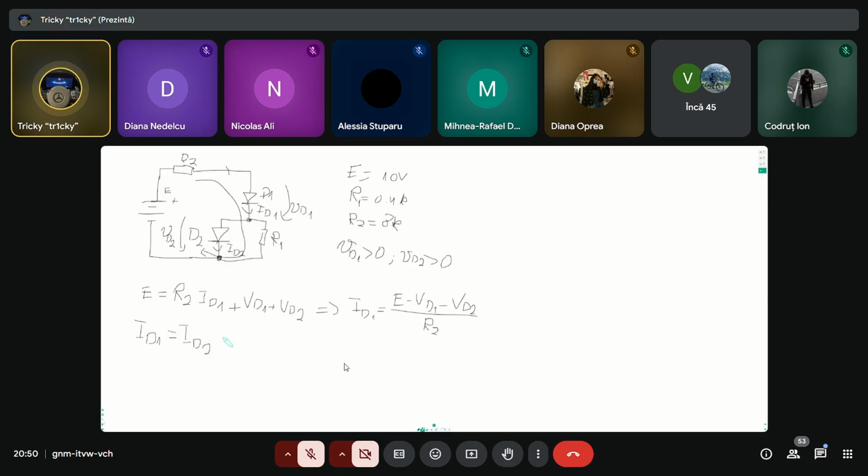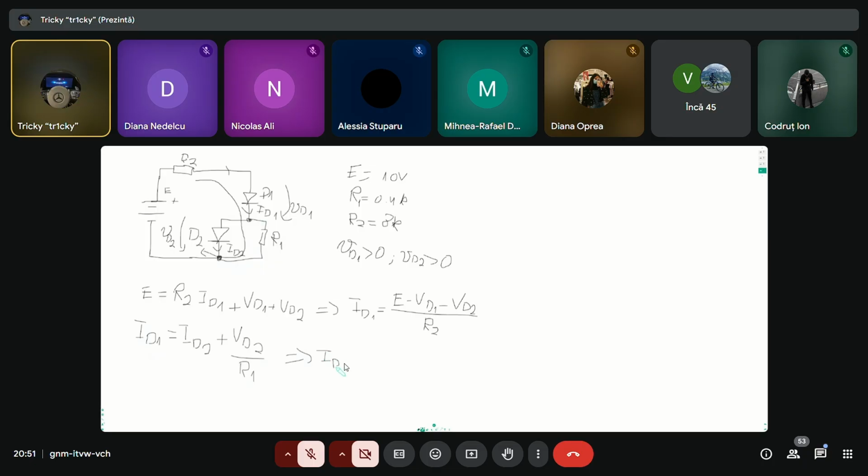Yeah, ID2 plus VD2 divided by R1. I just wrote it directly. And from this over here, we're going to have to get ID2.